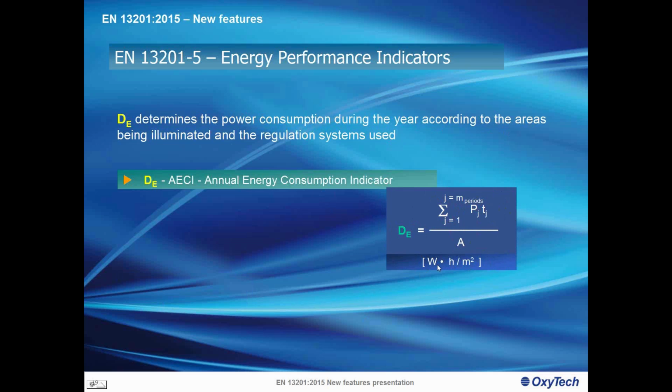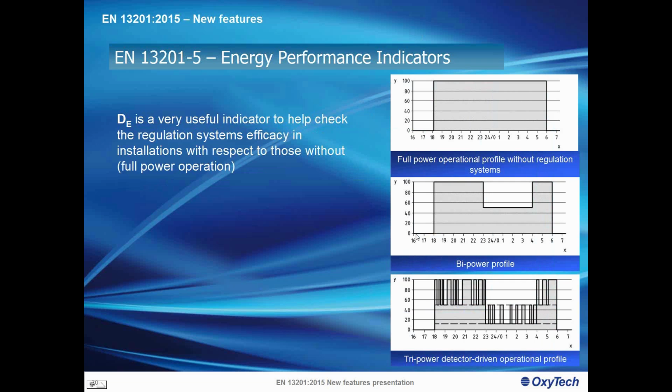So the unit is watt hour, which is energy, divided by square meter, which at the end is the concept of the energy per unit of area during the year, because in this case we have to consider that this parameter is an annual energy consumption indicator. So our consideration must be performed considering all the profiles that we have during the year.